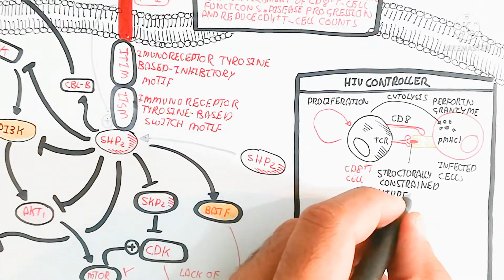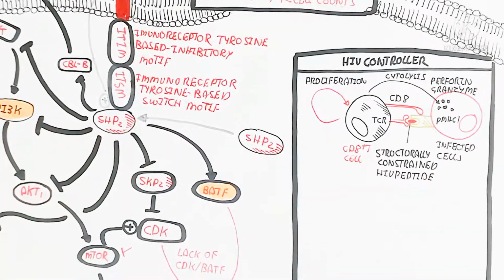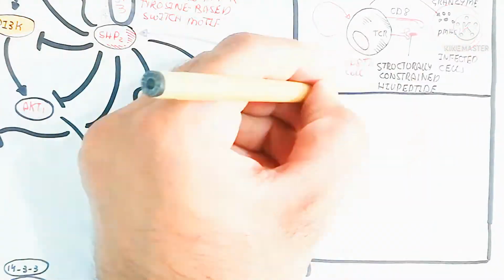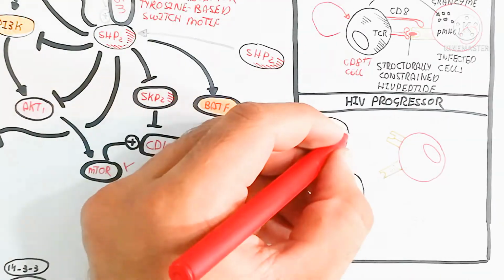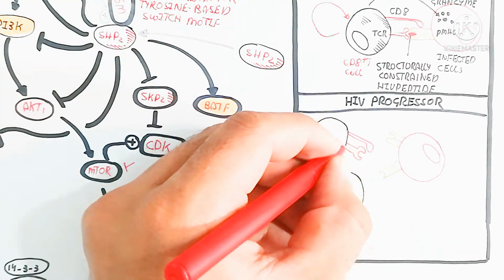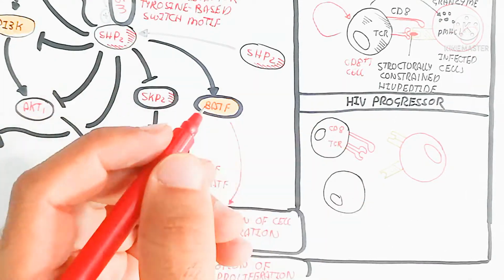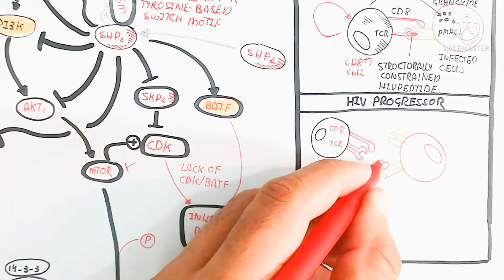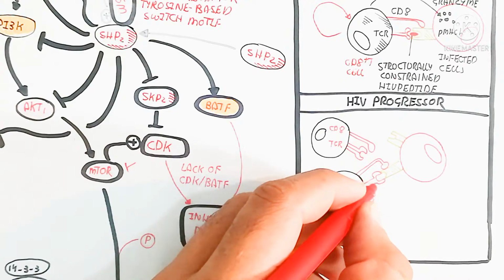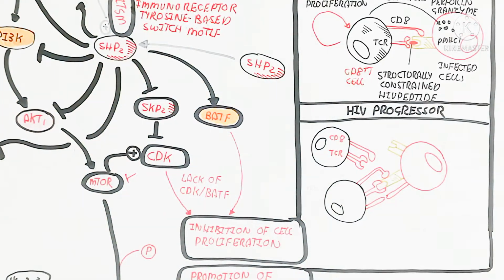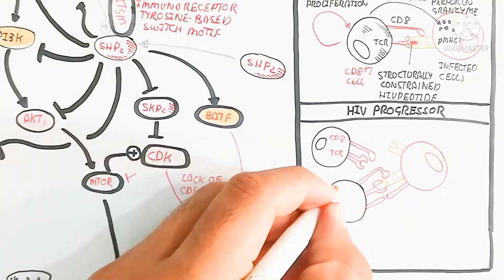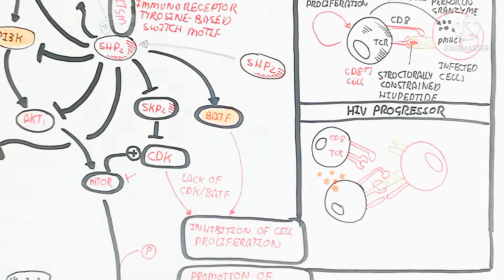So the interferon gamma recruits the CD8. The important thing I want to say is that after binding with the inhibitory ligand and exhaustion of the cell, the inhibitory receptor will bind with the MHC class 2 molecule on the infected cell.